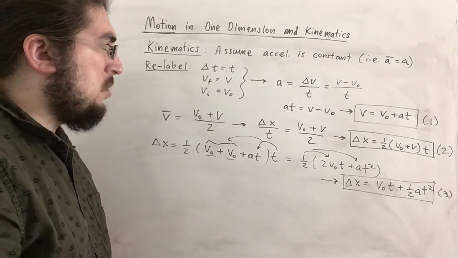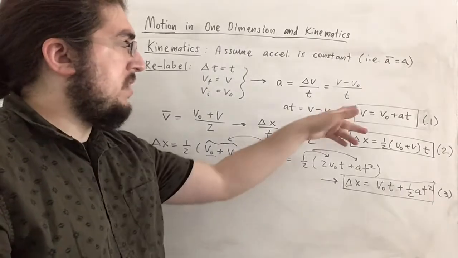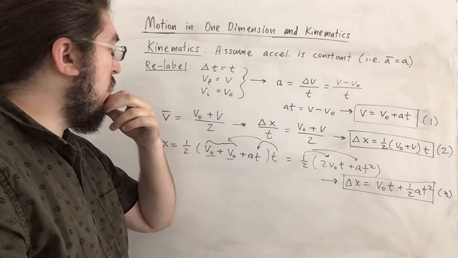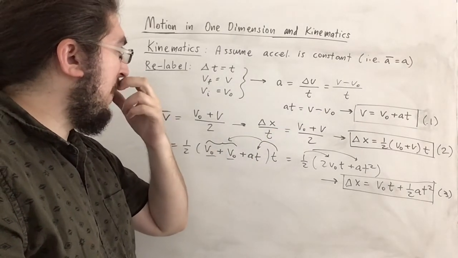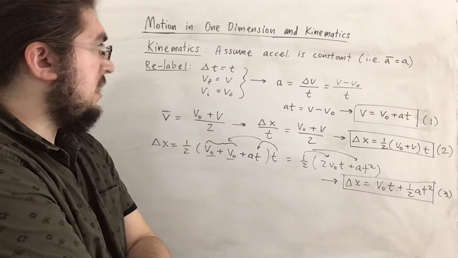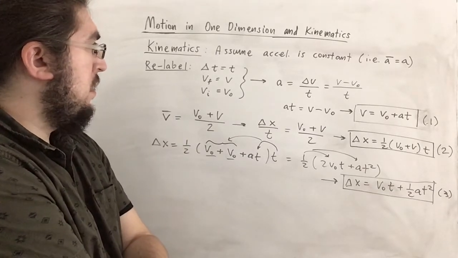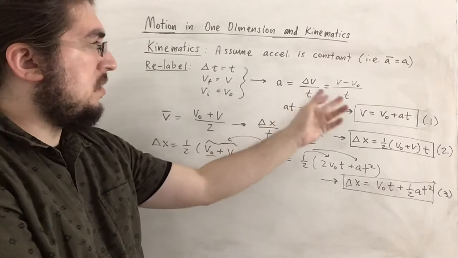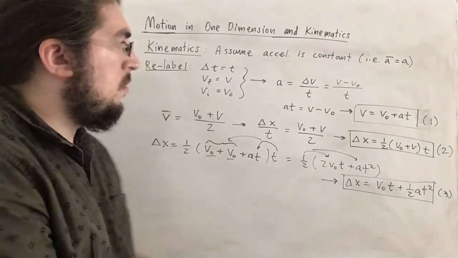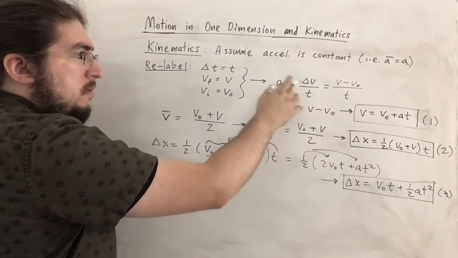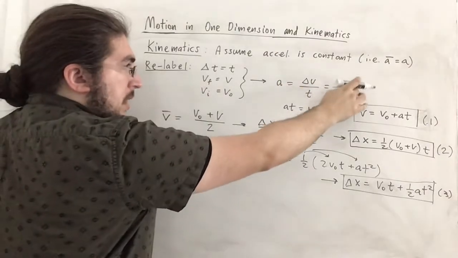Well, what we can do is solve for t in one of these. I guess we can solve for t in this equation. From the first equation, we know a is equal to v minus v naught over t.